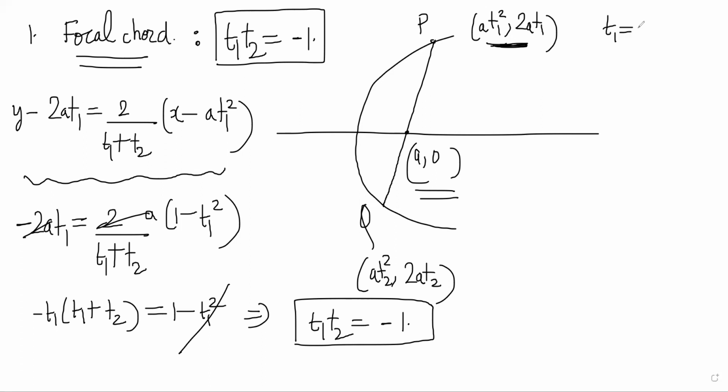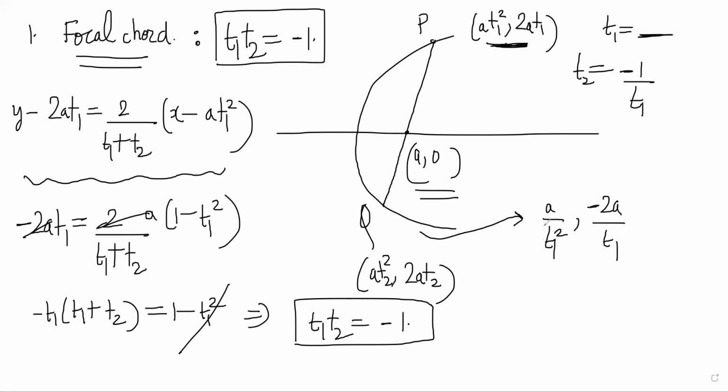So if you know T1 value, you can say T2 will be minus 1 by T1, right? If it is a focal chord. So the other point also you can immediately find. It will be a T2 square, so a by T1 square and minus 2a by T1, right? So given one point and the knowledge that it is a focal chord, you can know the other point directly by using this. You don't have to make a line and then solve it with the parabola and get the other point, right? So again, this is a fact that is important.